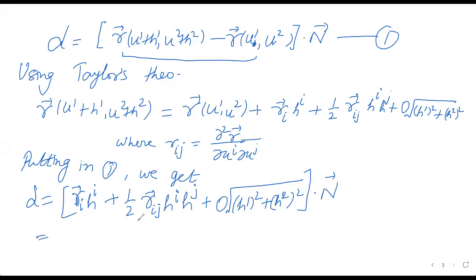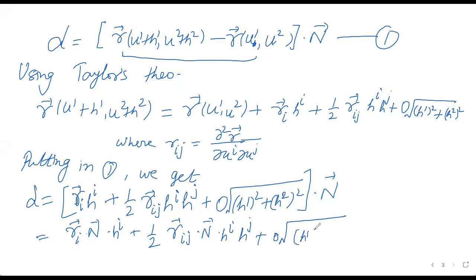When you take the dot product, what will happen? Ri dot n hi, taking n inside, plus half Rij dot n vector hi hj plus the higher order terms, which remain as they are.